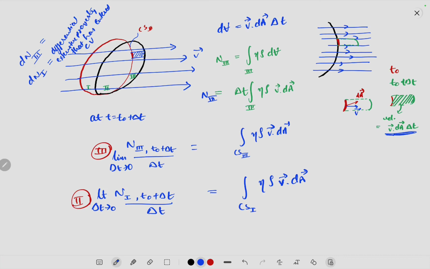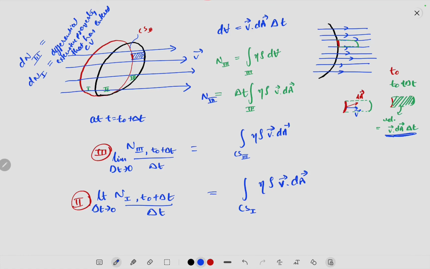Okay, so we have assumed from the beginning of this problem that dn3 is the differential extensive property that has exited the CV in time delta t. dn3 is the amount of differential extensive property that has exited the CV, and dn1 is the amount of differential extensive property that has entered the CV.